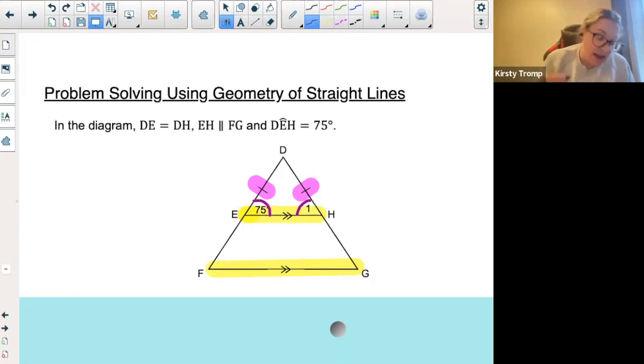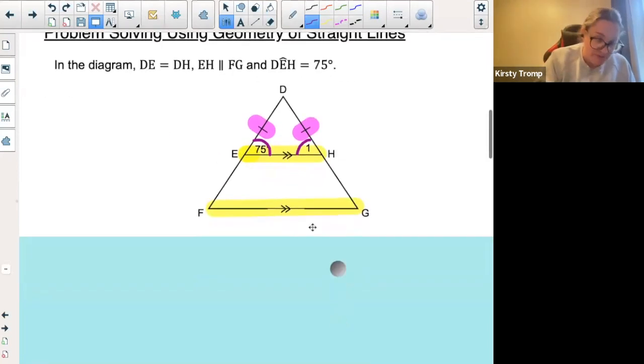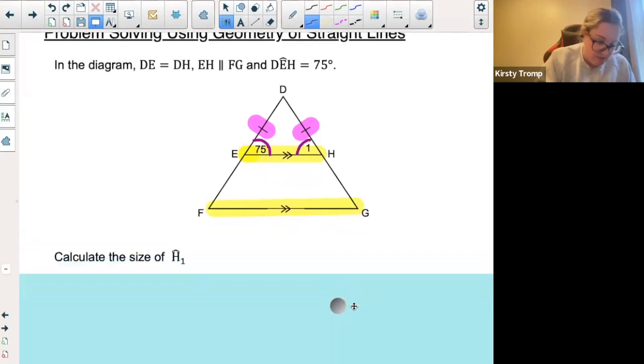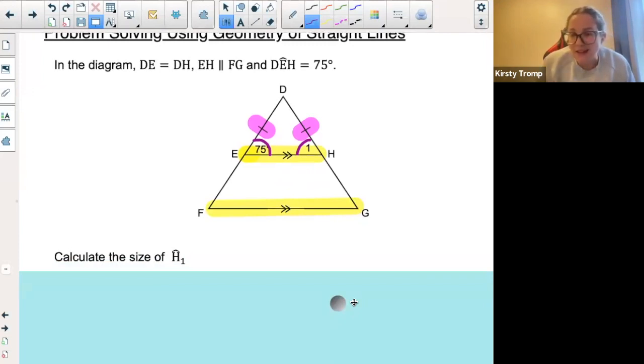Okay, so angle E is 75 degrees because it's opposite to an equal side. So what do I know about the other angle? It's also going to be equal to 75 degrees. Right, now let's have a look. My first question says, calculate the size of angle H1.